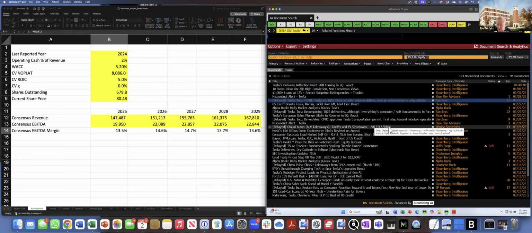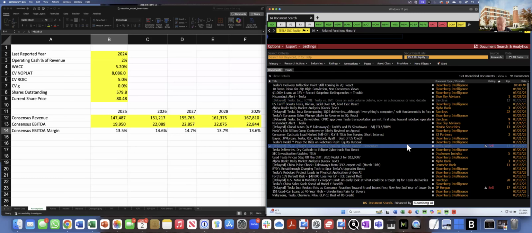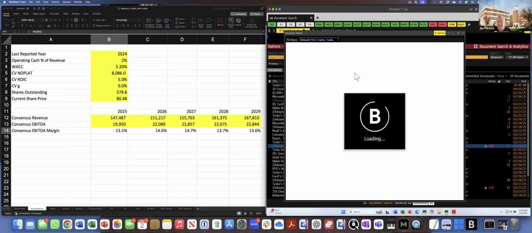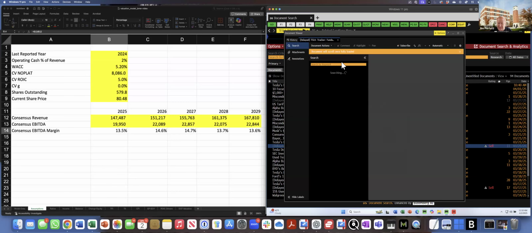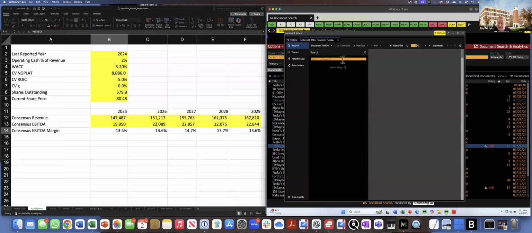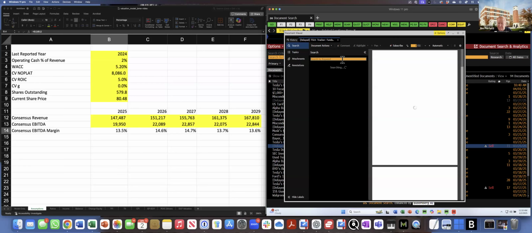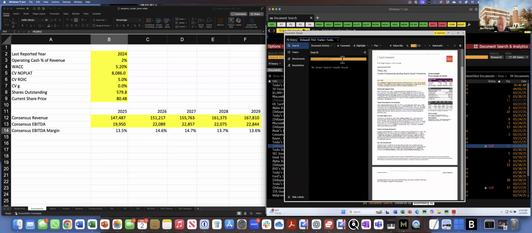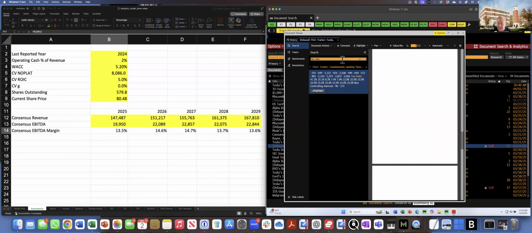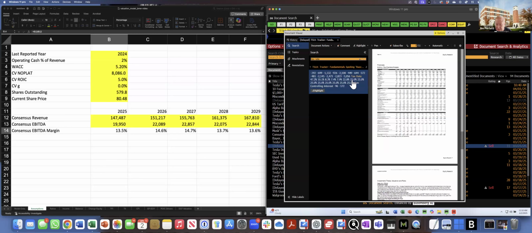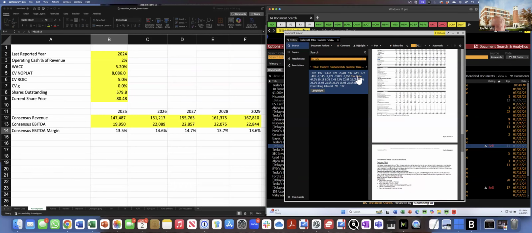Mizuho. It's Global Autos. Wells Fargo. All right, so Wells Fargo looks like they have something in their model.